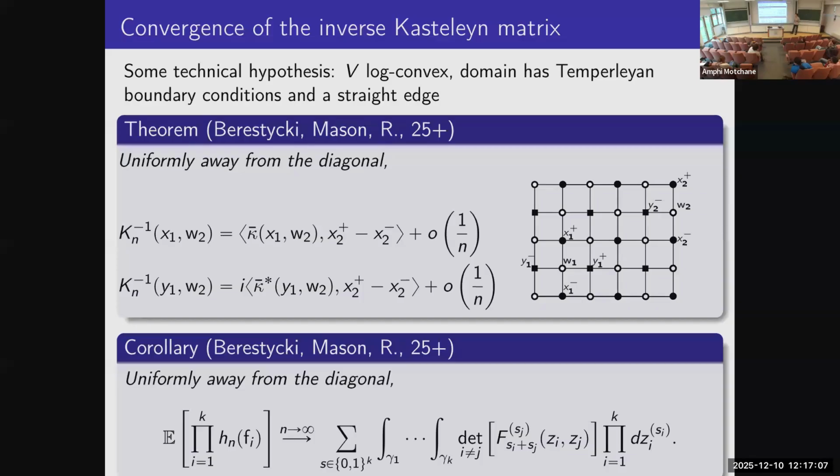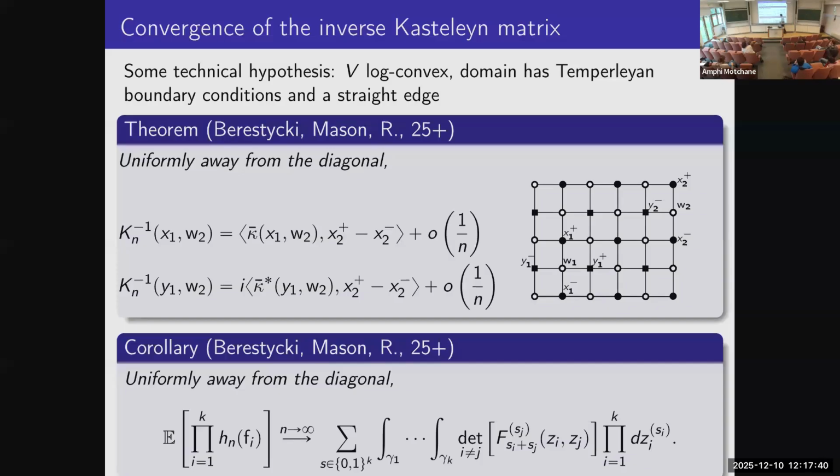And as I told you before, you can compute the height function from the inverse Kasteleyn matrix. And in our case, we can do the same computations as in the critical dimer model. And we obtain that the moments of the height function are given by this formula, where the integrals are integrals along paths also, like before.